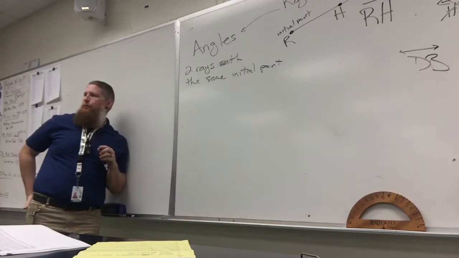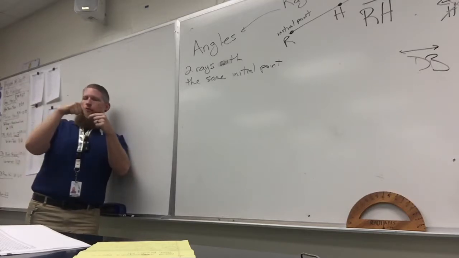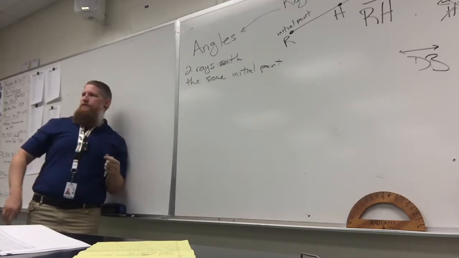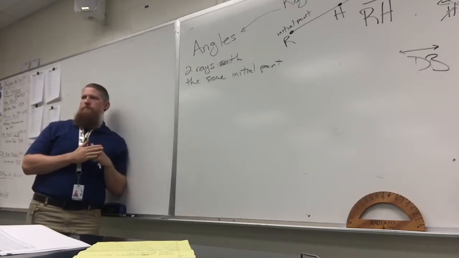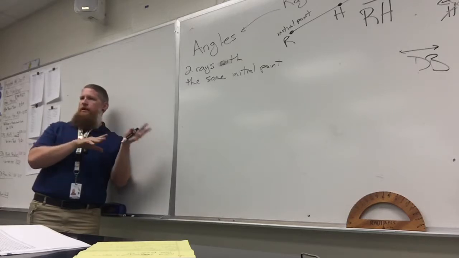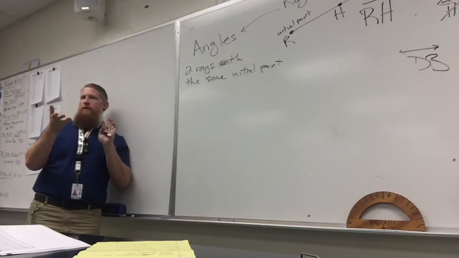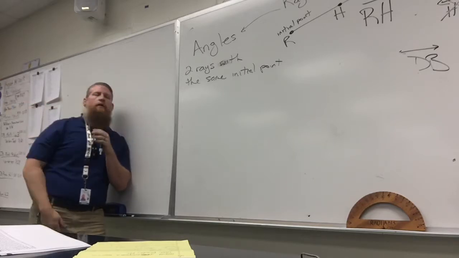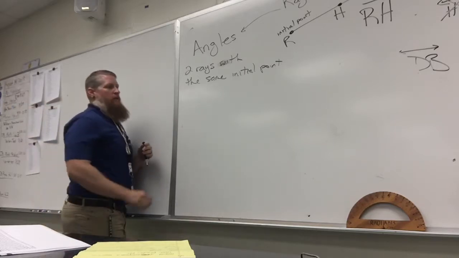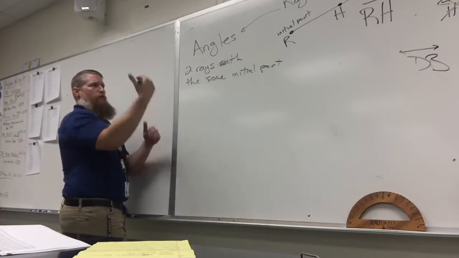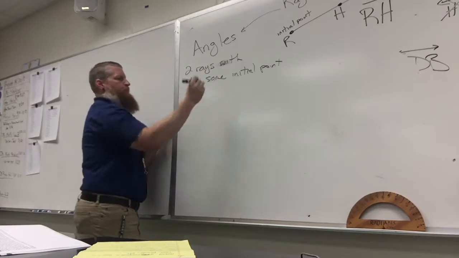So the same starting point, if you stick those two rays together at that one starting point, and you've got two rays going in different directions, you're creating an angle. All right? They can have a specific degree measure with them. In here, you guys go from 0, which would be just a ray in one direction, all the way up to 180 degrees, and that's it. So you guys really only work from 0 to 180.